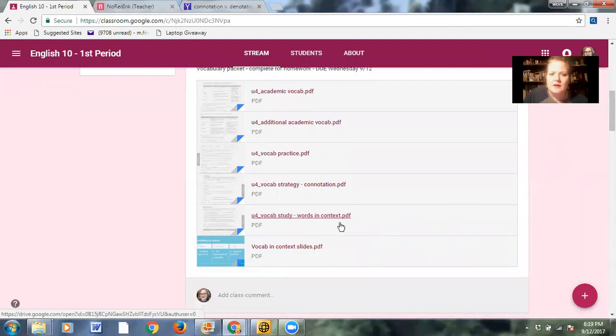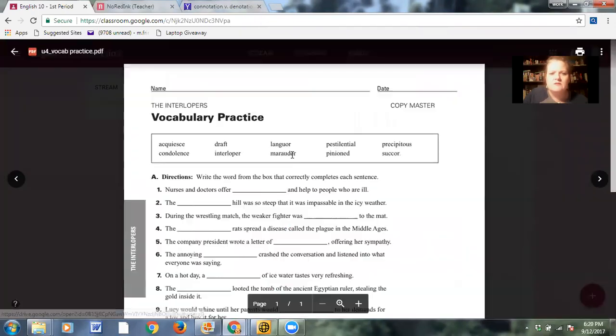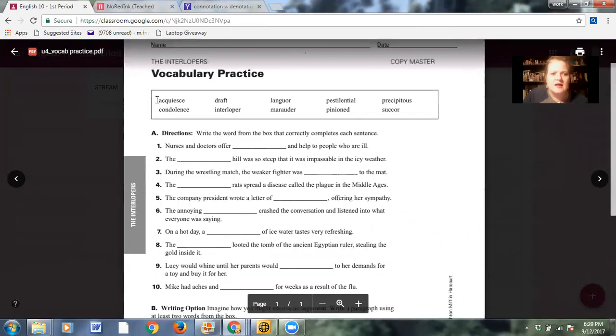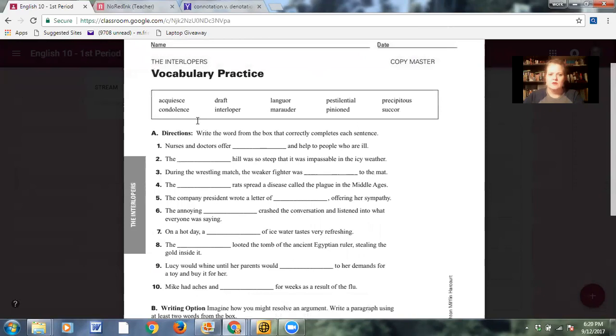Welcome back. We are now going to move on to vocabulary practice. That's the next page. All right, in this activity, you have fill in the blanks. You have part A, where you're going to write the word from the box above that correctly completes each sentence.